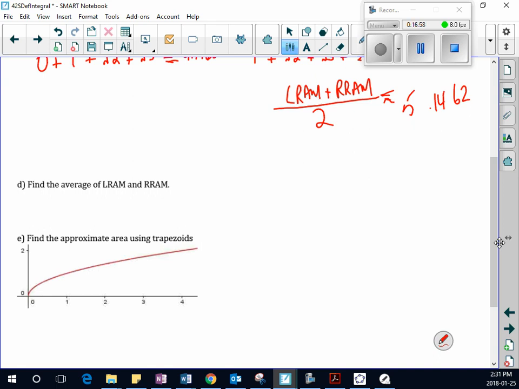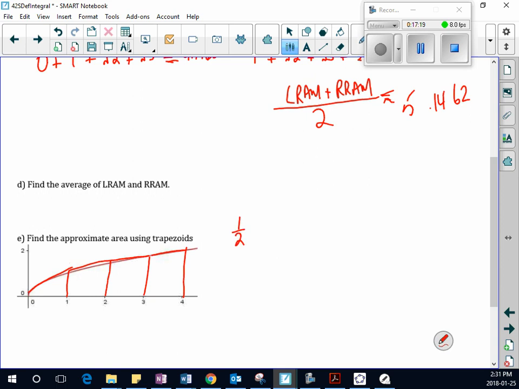So remember the trapezoidal. What was the trapezoidal formula again?